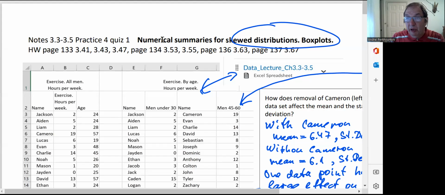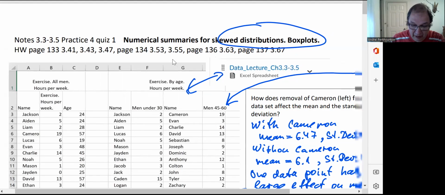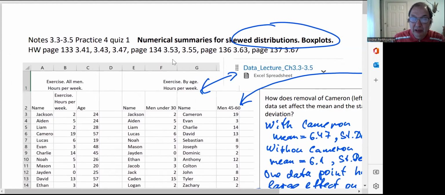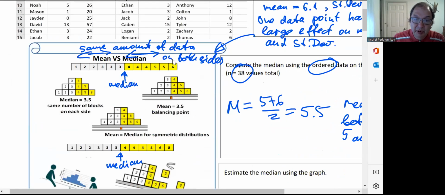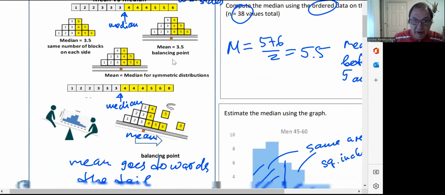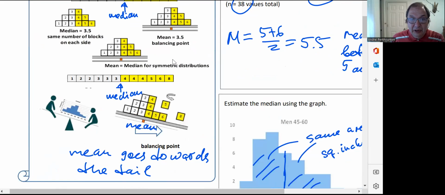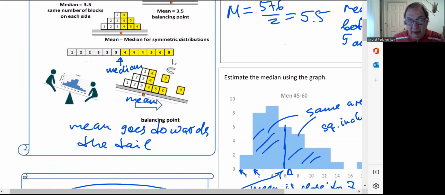So what we have done so far in this material, we looked at skewed distributions. And what we learned is that skewed distributions have data values that may be on the right or on the left, and they may affect the mean and standard deviation.